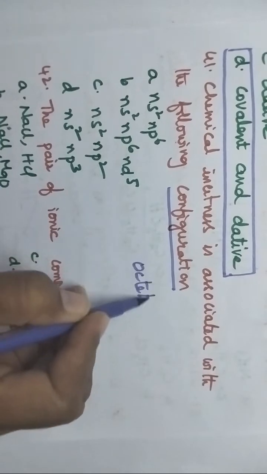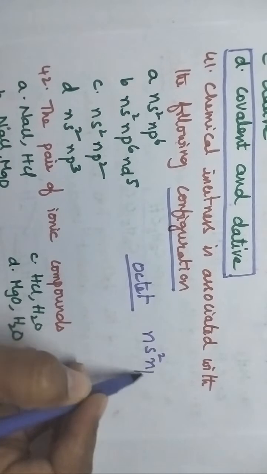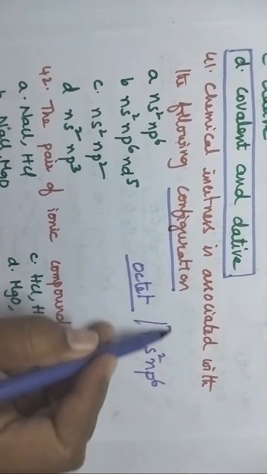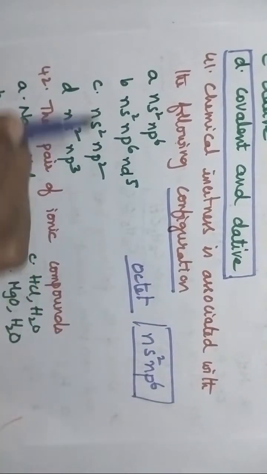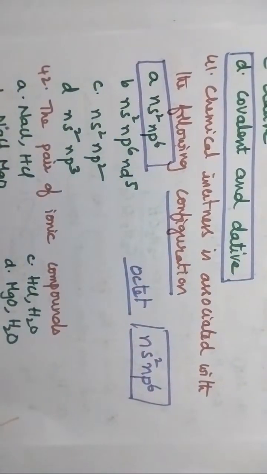An element with octet configuration or ns2 np6 configuration is stable and it will not form any chemical bond. So option A is the right answer.